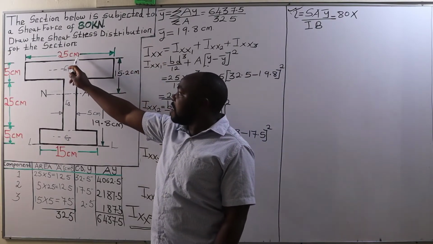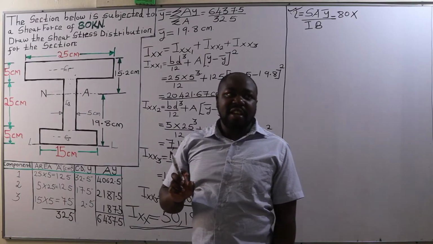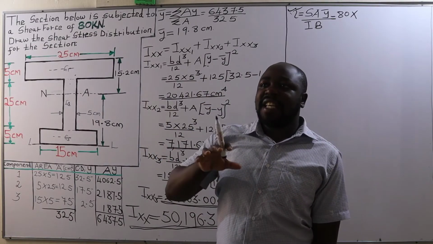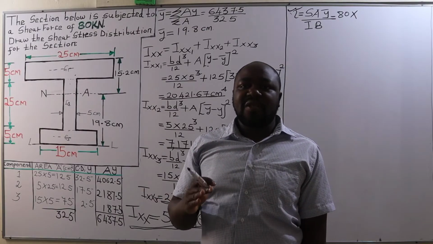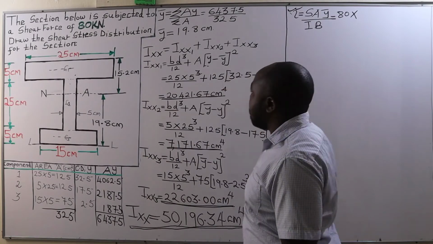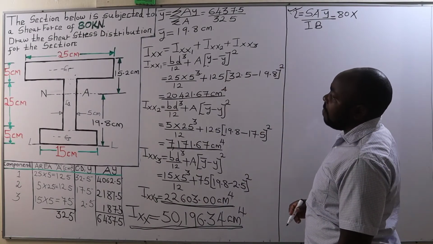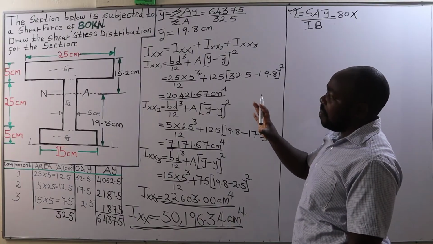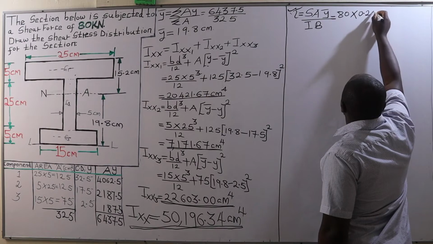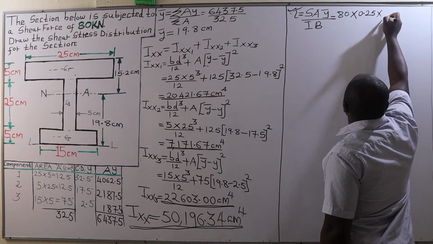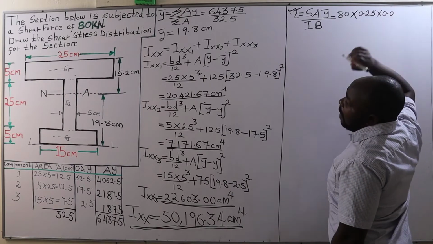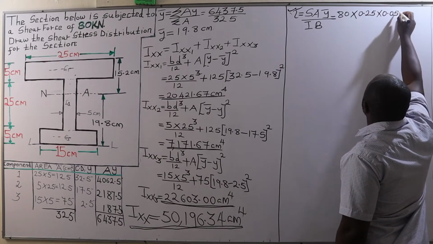We are going to convert centimeters to meters because the SI unit of stress is kilonewtons per square meter. Therefore, we are going to convert centimeters to meters. So the area of the top flange is 0.25 meters, times the depth 0.05 meters.